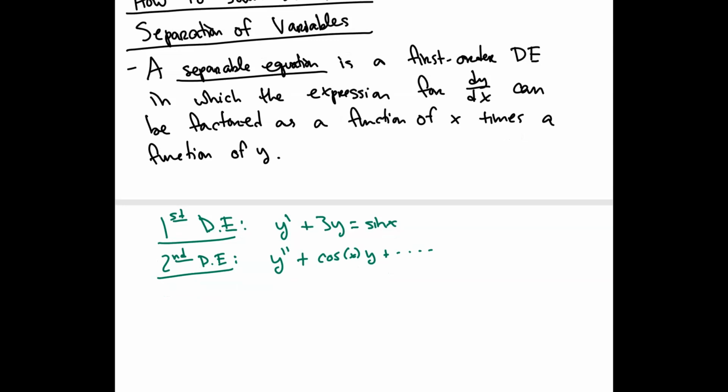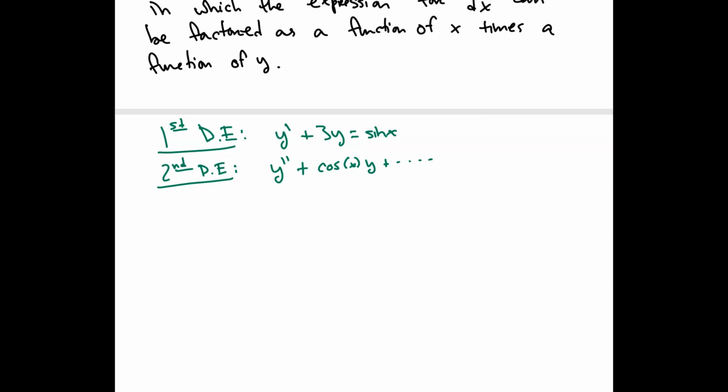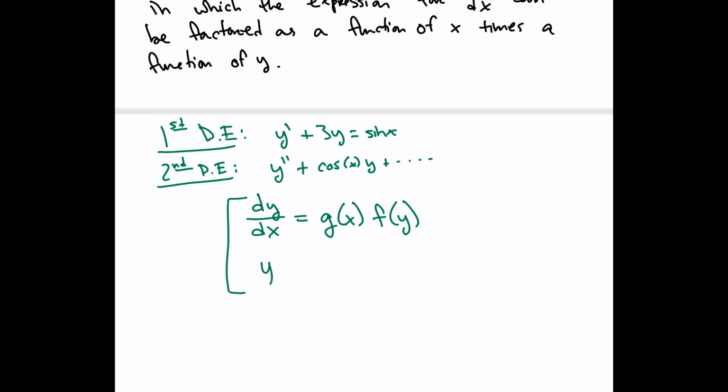So basically a separable equation has a derivative, so it's first order, so it has dy over dx, and this equals a function of x multiplied by a function of y. Using this notation, you can always write it as y prime equals g of x times f of y.